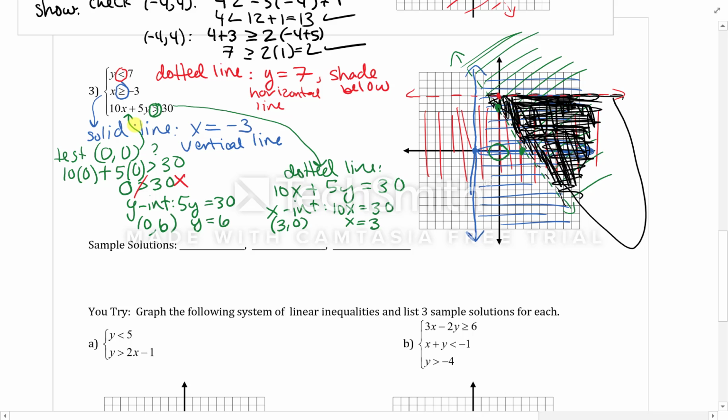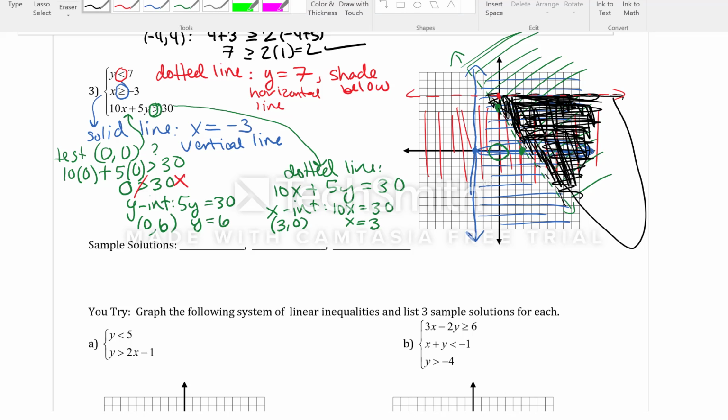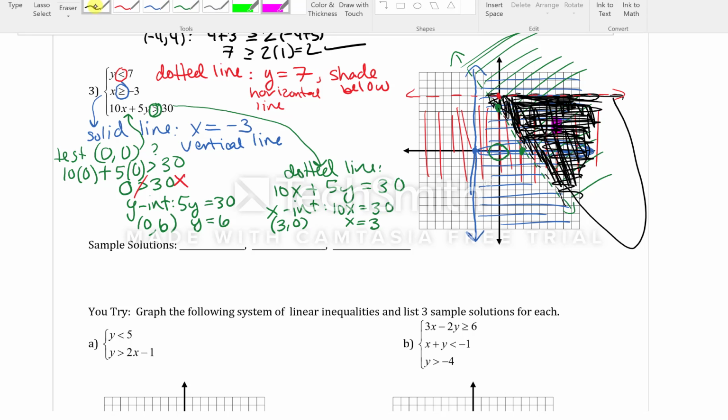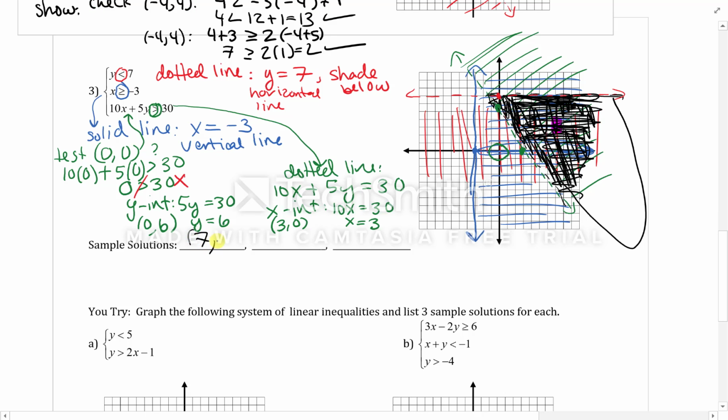So I could pick, let's see, it's kind of going to be hard to see, but I could pick, say, right there, where x is 1, 2, 3, 4, 5, 6, 7, and y is 3 as a sample solution, 7, 3. I could maybe pick the one above it as well, 7, 4, right?